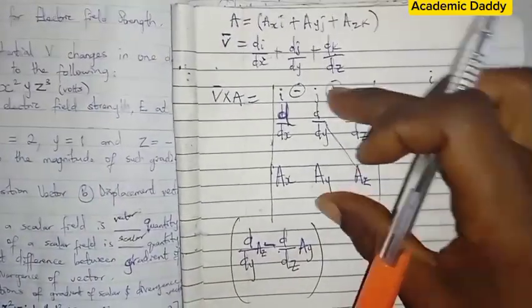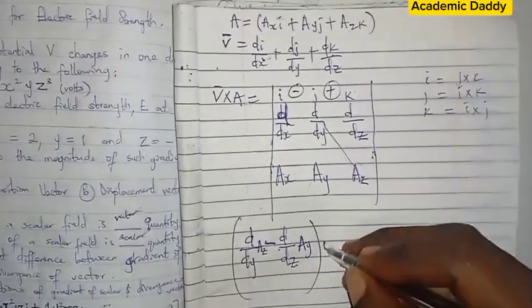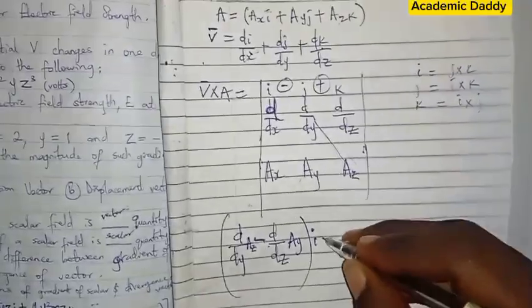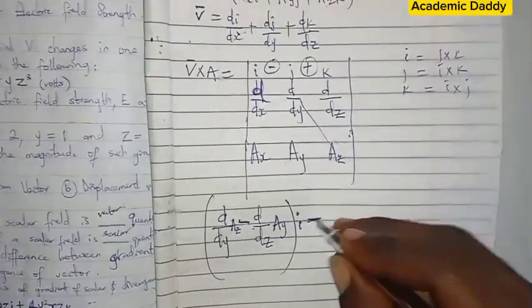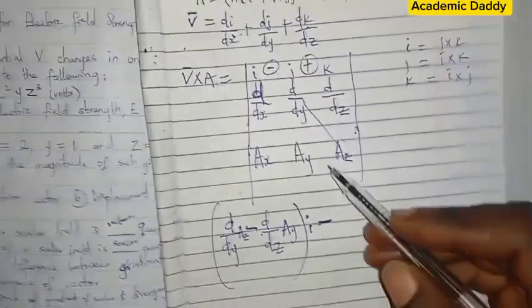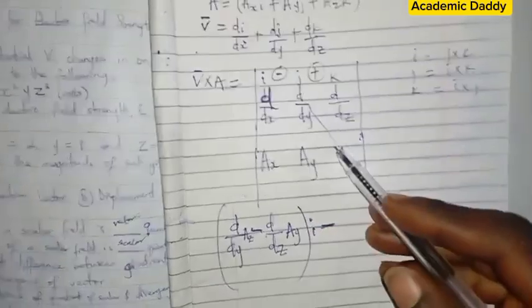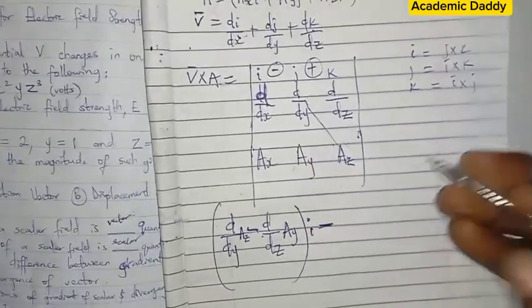So when I use j cross k, I get i, and the sign is minus. To get j, it is i cross k.